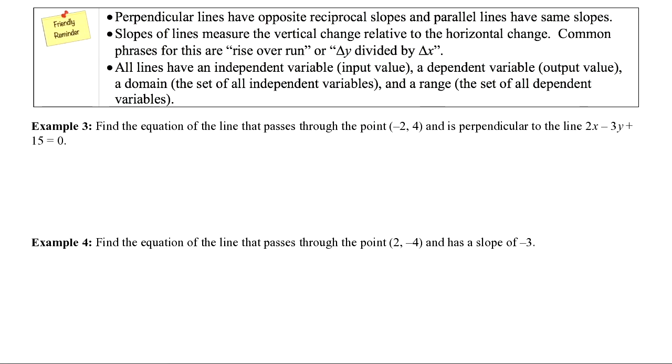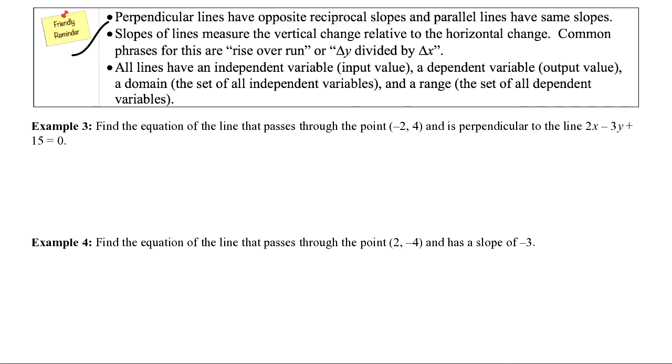So perpendicular lines, these are just kind of friendly reminders. I'm sure you've heard this at some point, but you might not remember it. So we're right here. Perpendicular lines have opposite reciprocal slopes, and parallel lines have the same slope. So let me just make a little note right here.